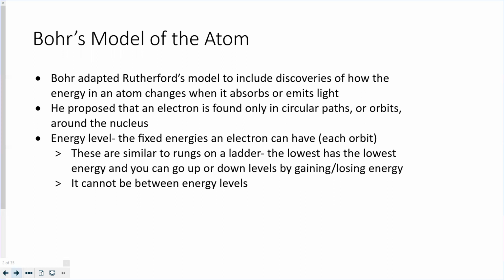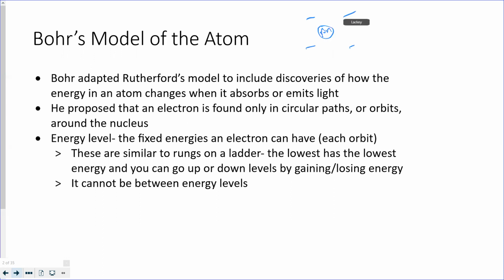So Bohr adapted Rutherford's model to include discoveries of how the energy in an atom changes when it absorbs or emits light. So Rutherford's model just had the protons and neutrons in the nucleus of the atom, and then the electrons were just kind of floating around.